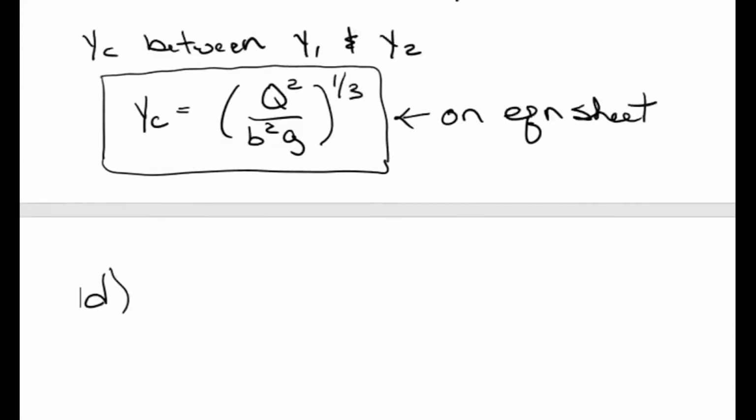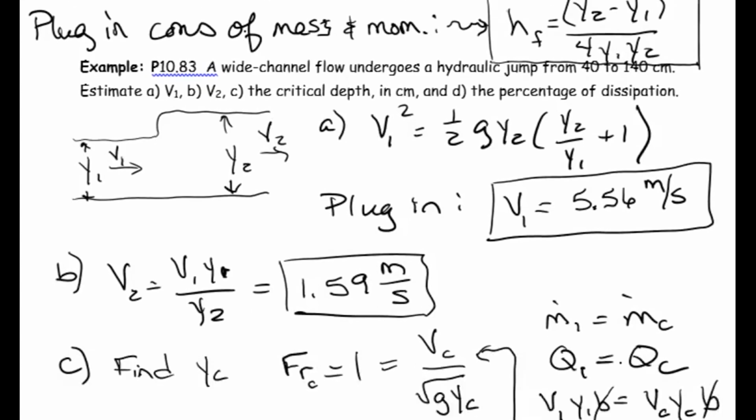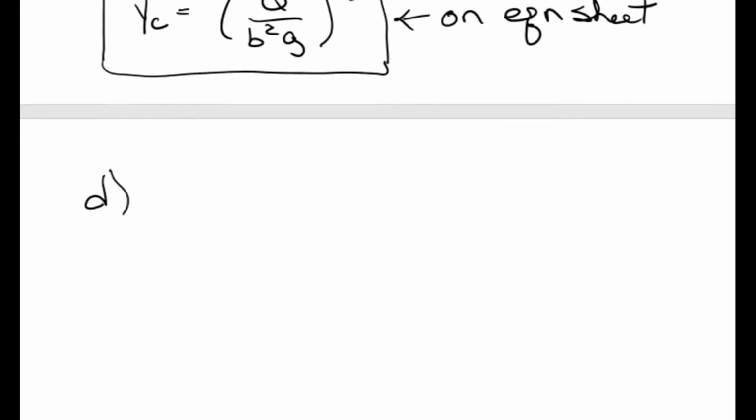All right, part D then was find the percent of dissipation. What they're talking about, percentage of dissipation, is energy dissipation across that wave. We're going to leave it in terms of head form, so our energy head, but dissipation means losses.